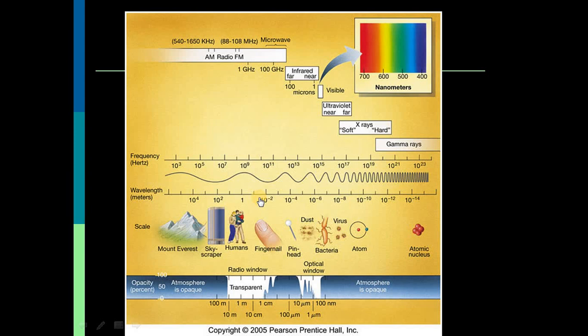If you see this picture, again if you go from this direction to this direction, the wavelength goes on decreasing and frequency goes on increasing, and these pictures show the wavelength of a particular spectrum or particular region.